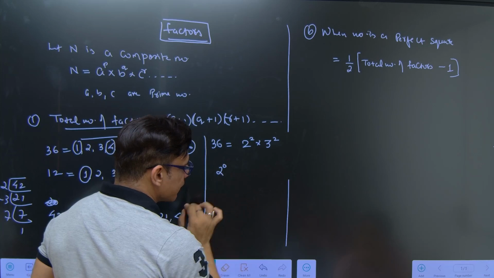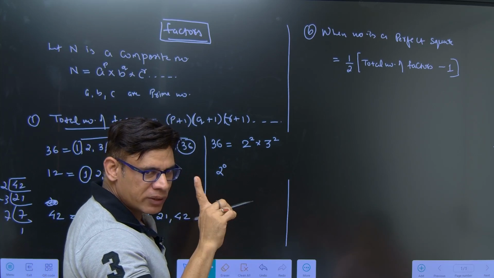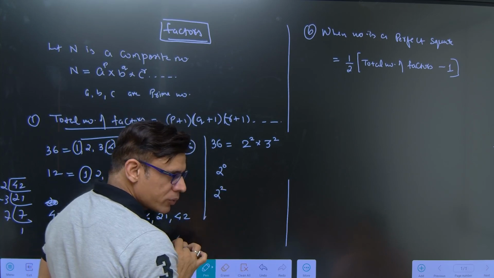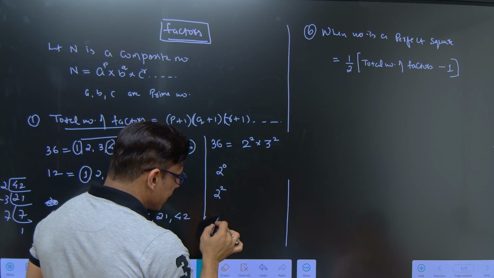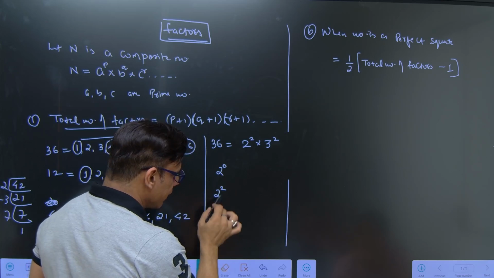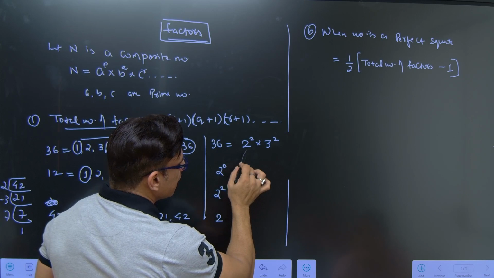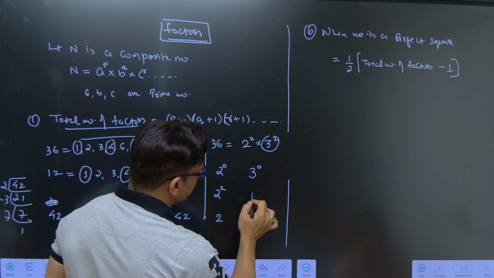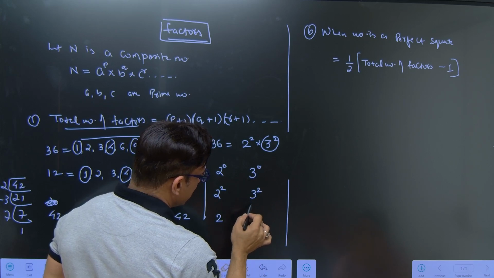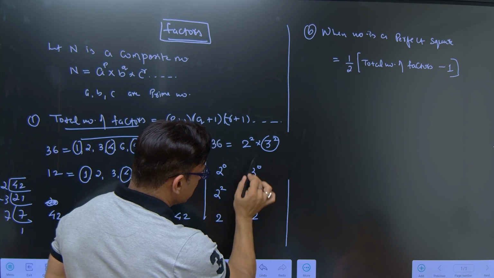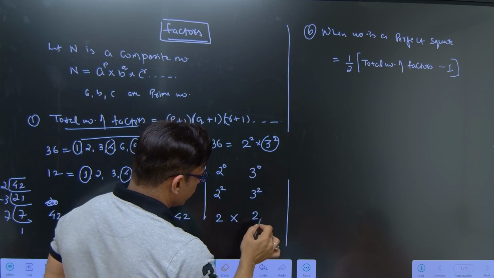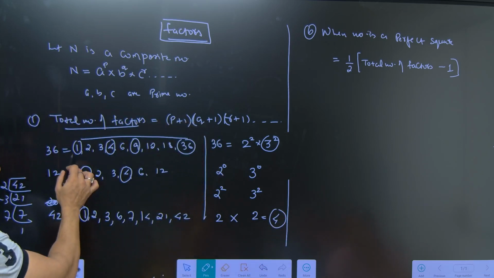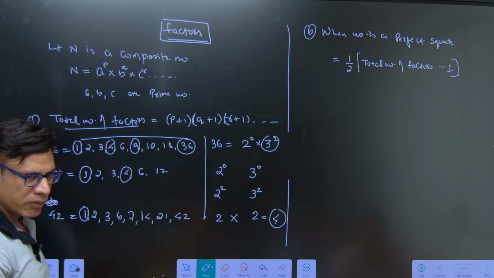At 2 raised to the power 0, which is 1, and 1 is a perfect square. Another perfect square you get at 2 square. So you get 2 perfect squares here. Then for 3, you get perfect squares at 3 raised to the power 0 and 3 raised to the power 2, again 2. So in 36, how many perfect squares? 2 into 2, that is 4.